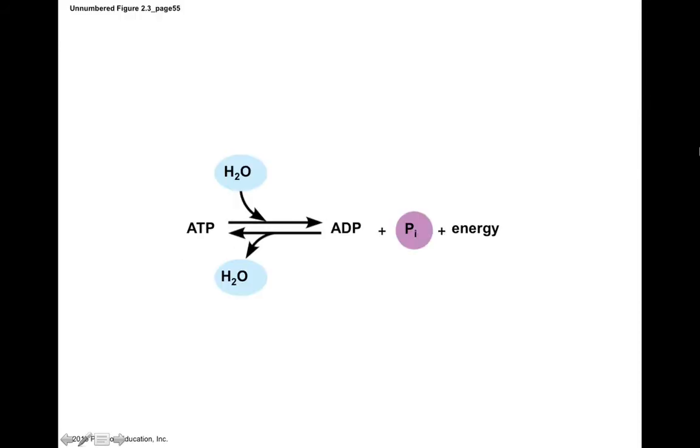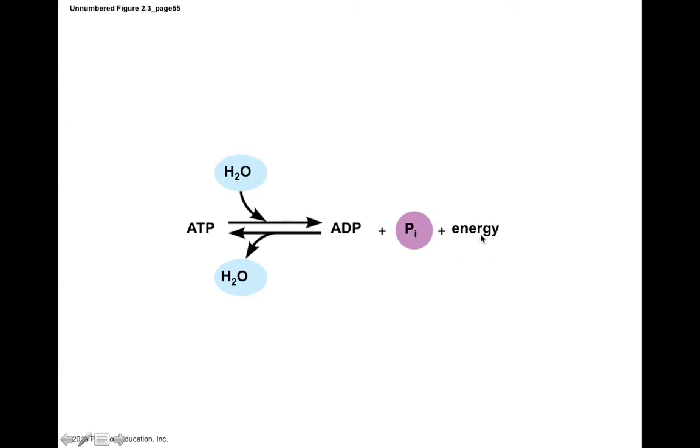Okay, so this slide is showing the interconversion between ATP and ADP. You can see that ATP, or adenosine triphosphate, can be cleaved into adenosine diphosphate. It turns out this is a hydrolysis reaction where ATP is hydrolyzed into ADP, and cleaving a phosphate group away releases energy.